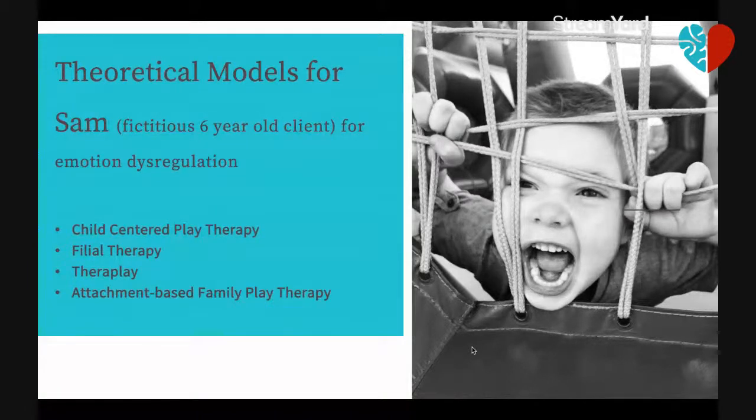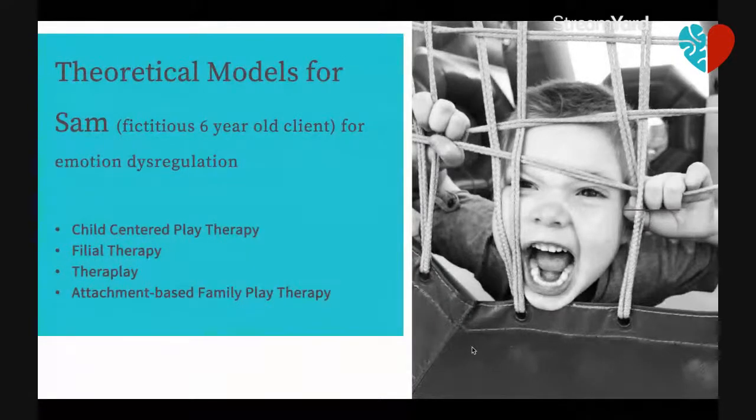has emotion dysregulation, and through the case conceptualization, what we've learned is that he does struggle with ADHD, and part of his ADHD is emotion dysregulation, and he has trouble with his peers, and he has a hard time waiting his turn, and he's really struggling with the impact of these things on his self-esteem.